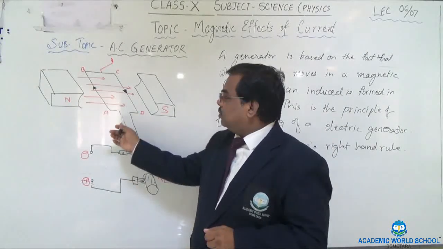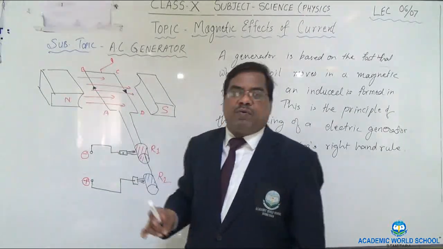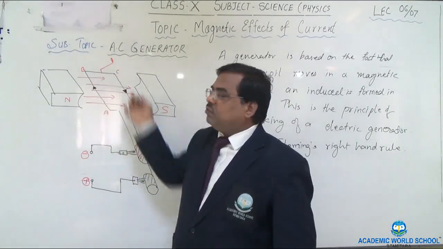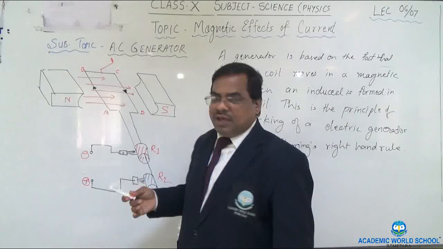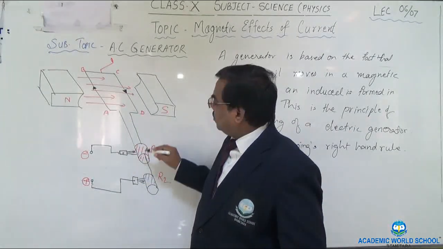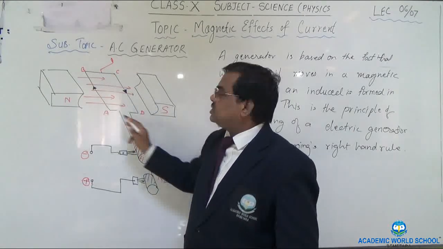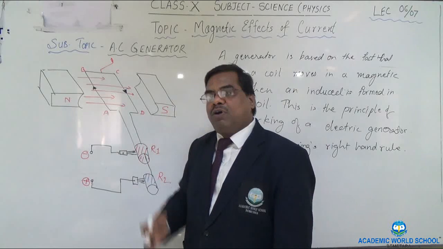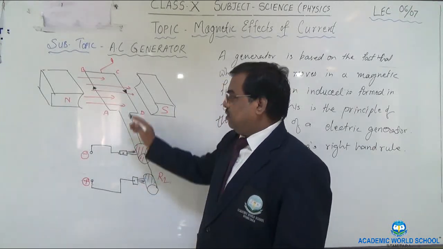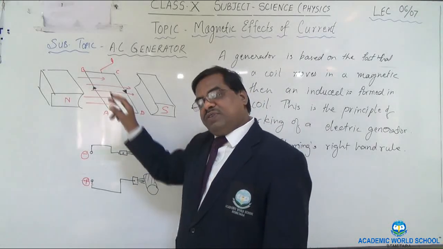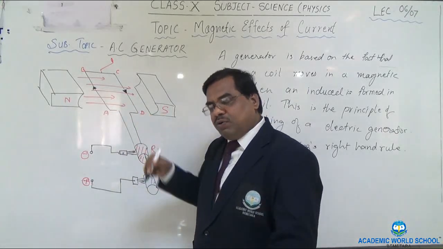Coil, the insulated copper wire, is called coil. So insulated copper wire will be turned all around it. To explain, I have simply taken one round, this A, B, C, D, one turn, but practically there will be an enormous number of turns.